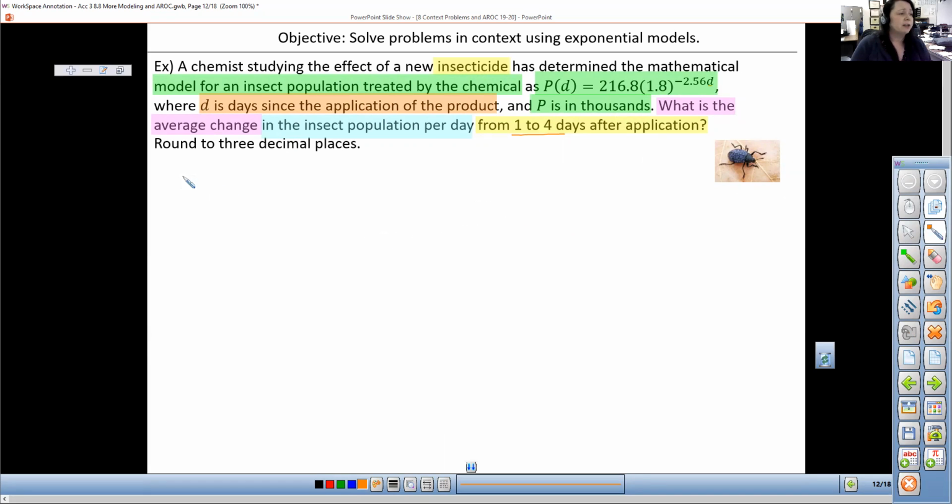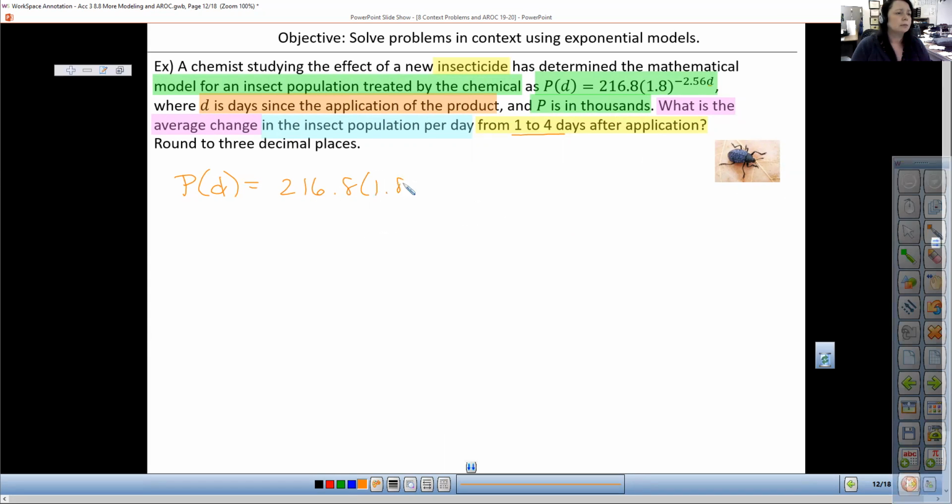So we've got this model, P of D equals... And we want the average rate of change for the interval from 1 day to 4 days after that application. That's what we have to determine and understand from our reading.